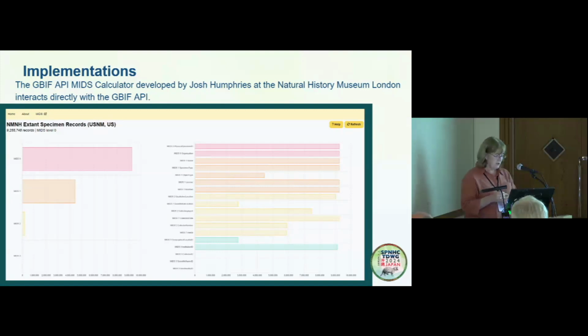Initial exploration of a range of datasets in GBIF is providing reassurance that the MIDS levels, certainly up to MIDS level 2, are achievable, and they are being reached by quite a few collections, while still providing some targets for increasing completeness of some of the key data fields. We are aware there's currently a slight bug in the event date, but hopefully we'll get that resolved once we understand what's going on.